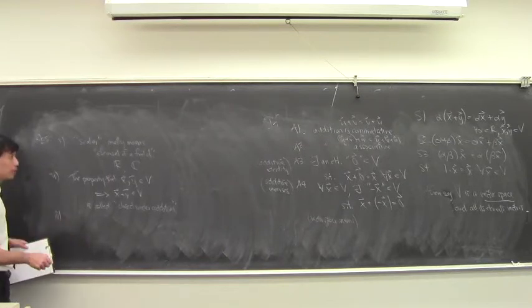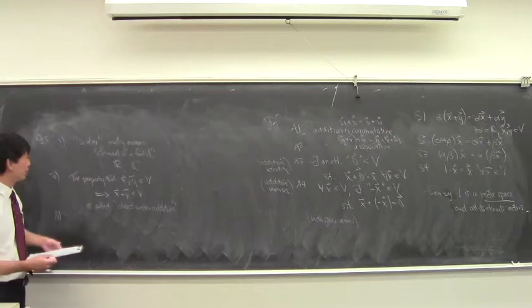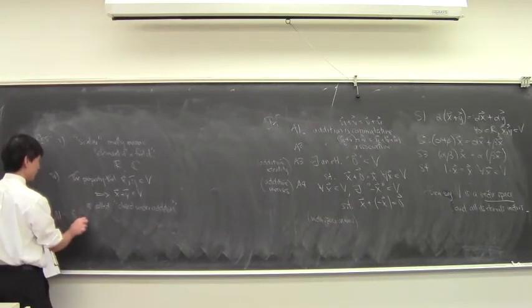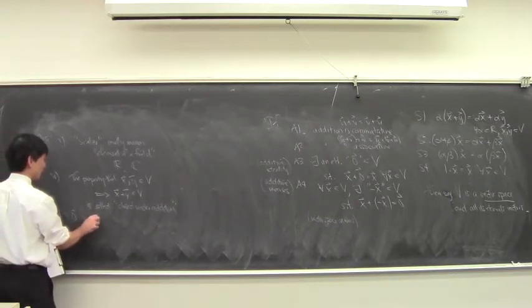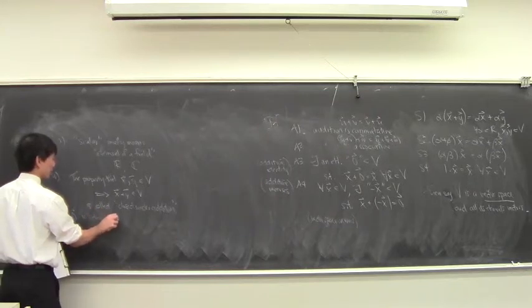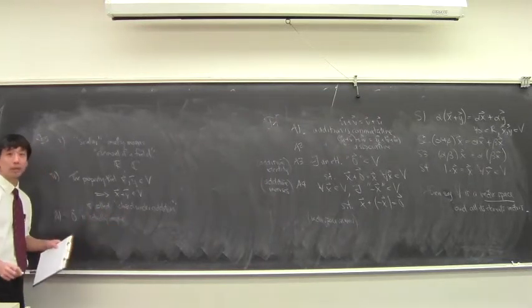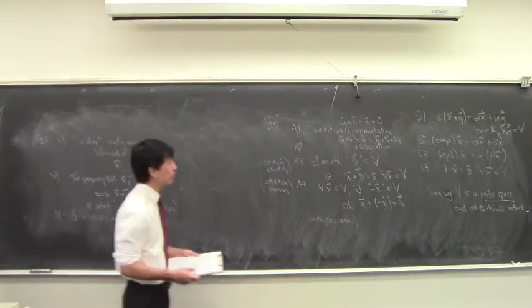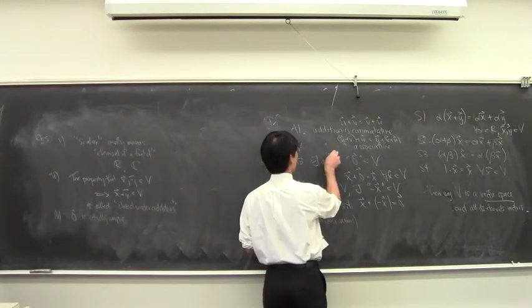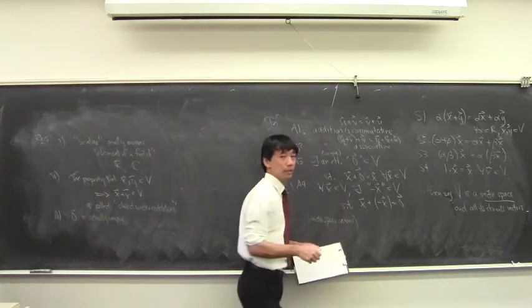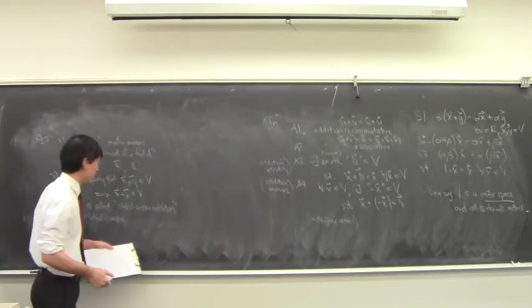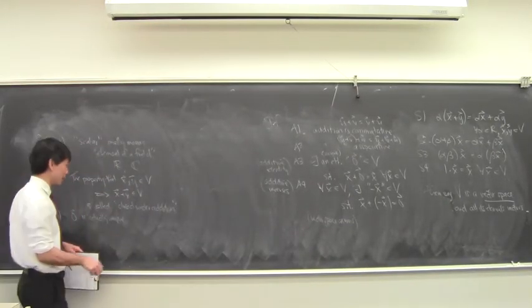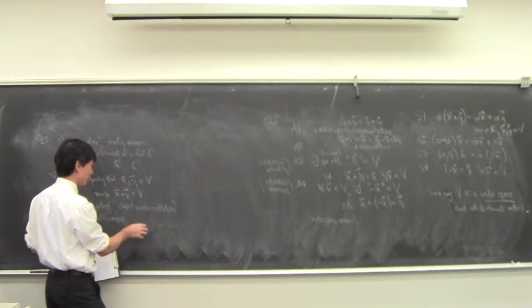Number 3, this 0 guy is actually unique. We didn't say it, but in fact, this 0 guy turns out to be unique. And the argument is one that we've seen before, I think, or seen something close to it before.